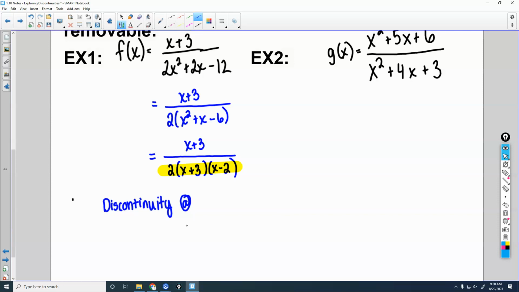Not that I know of. I mean, you can make one. I would highly suggest on the AP exam, if you need to talk about discontinuity, just write it out, because it doesn't take that much longer, and if they don't recognize that abbreviation, it could cost you a point.